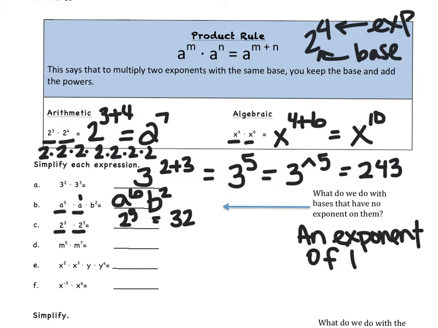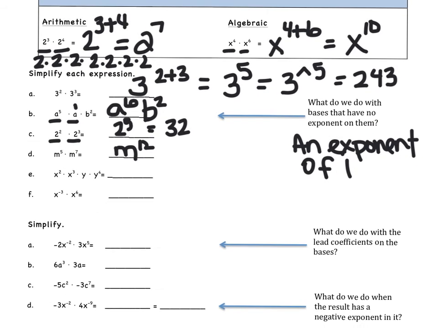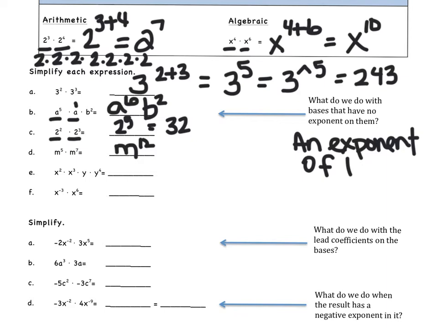Moving along, part D, M is our base for both, and we're going to add our exponents. So 5 plus 7 gives us a power of 12. If we look at part E, it has 2 values that have a base of x and 2 values that have a base of y.